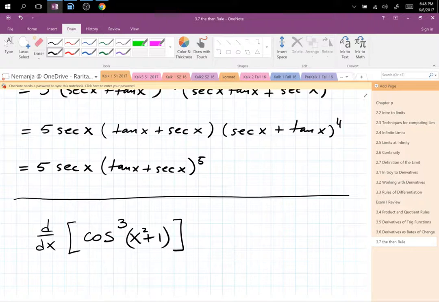Cosine x. And what's the most inner layer? X squared plus 1. So I don't know if you want to go inside out or from the outside in, whatever. But if you are able to see that this is the base, then cosine on top, and then cube on top of everything, you can do it that way.